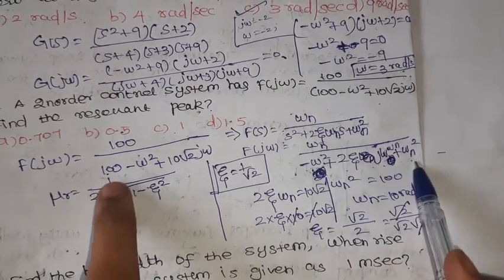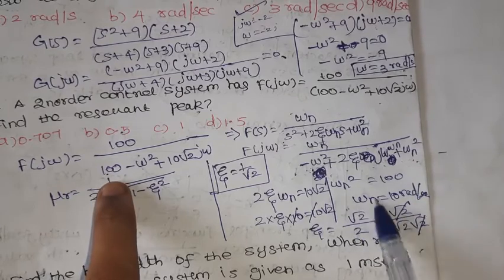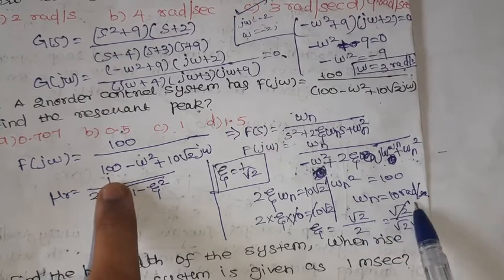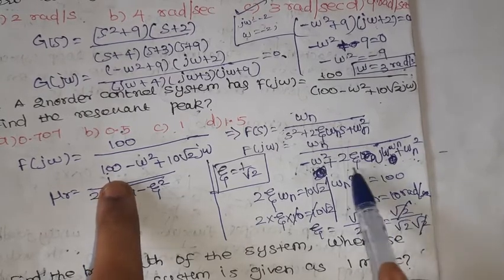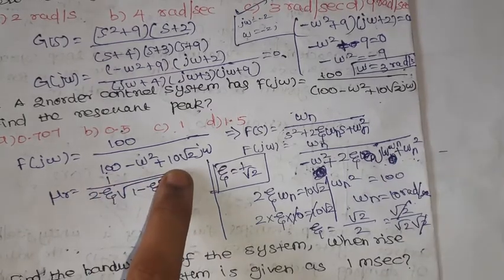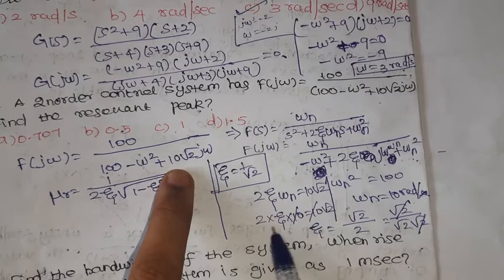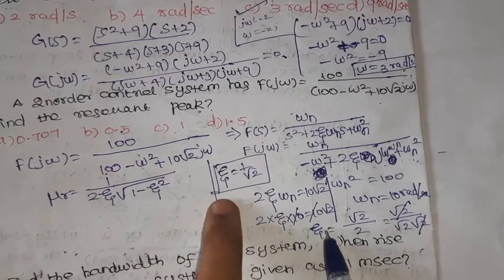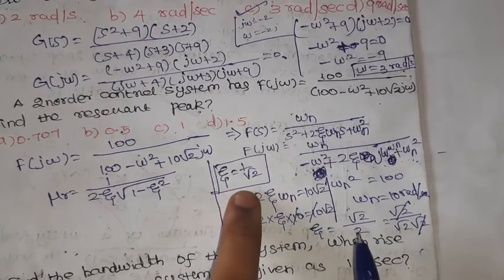Omega n squared is 100, so omega n is 10 radians per second. Then 2 zeta omega n is 10 root 2. Equating the terms, we have found zeta value as 1 by root 2.